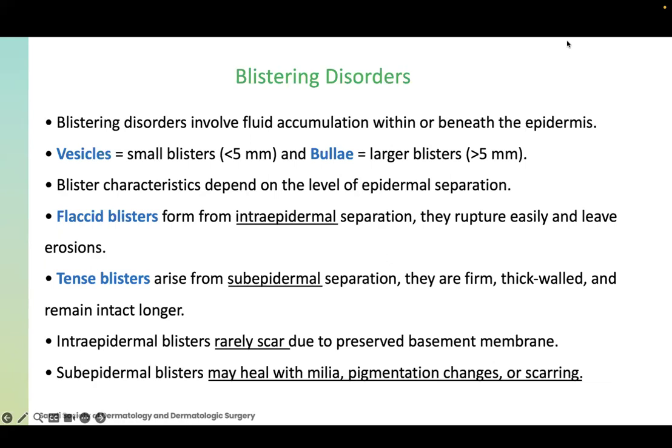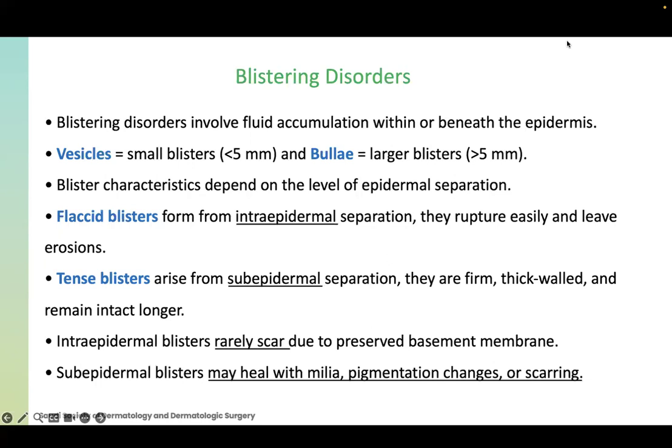Flaccid blisters rupture easily, and I will show you in the next slides how they look clinically, and they leave erosions. With some of the diseases that present with flaccid blisters, you might not see the blister, you just see the aftermath, the ruptured blisters leaving denuded or eroded skin.